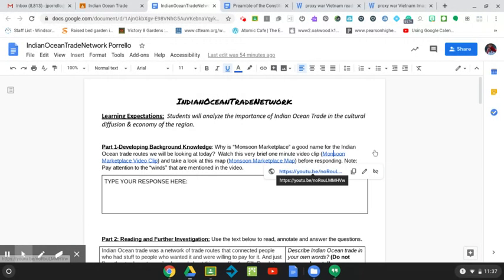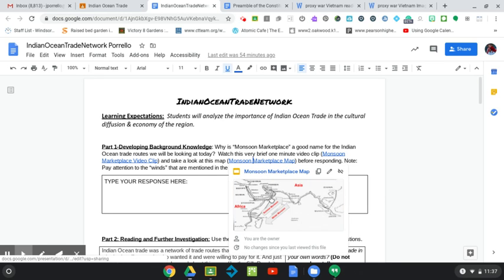It really explains well why this term monsoon was really important in creating Indian Ocean trade. There's also a map here too that I'd like you to take a look at that may help you in answering this question.